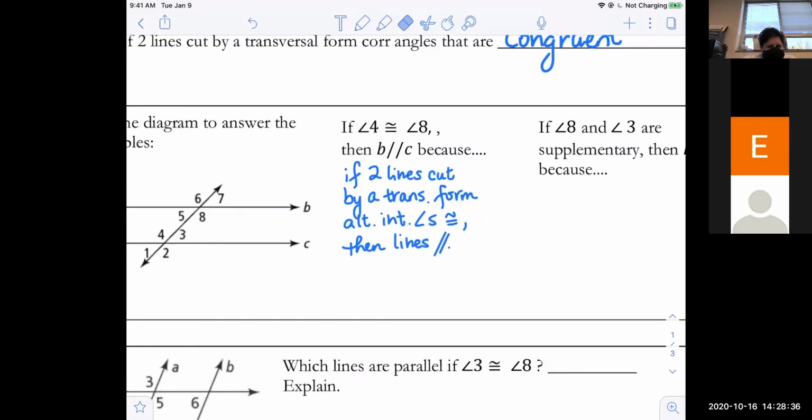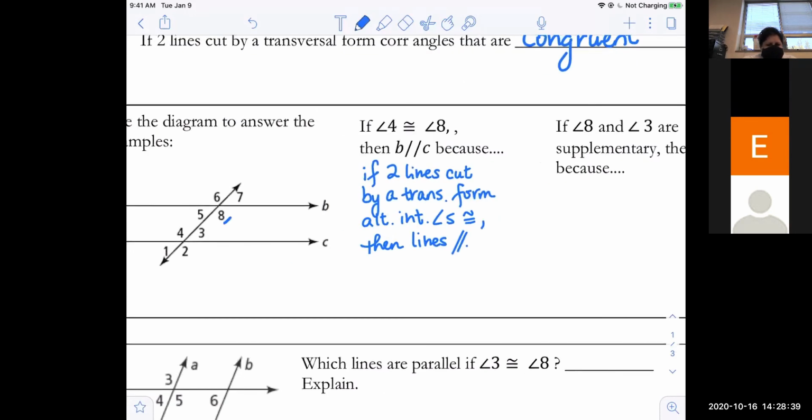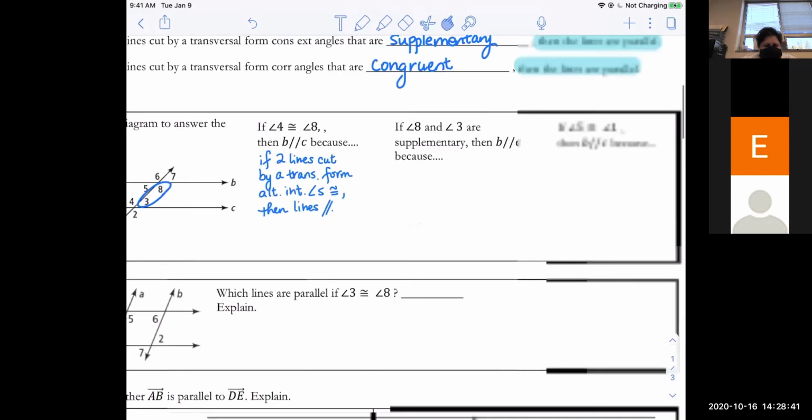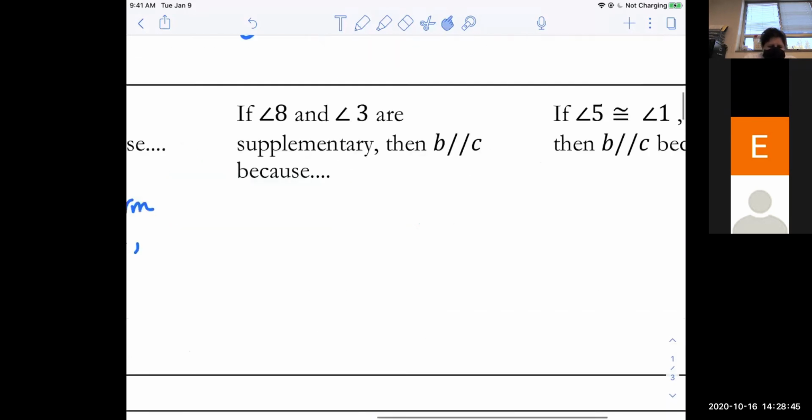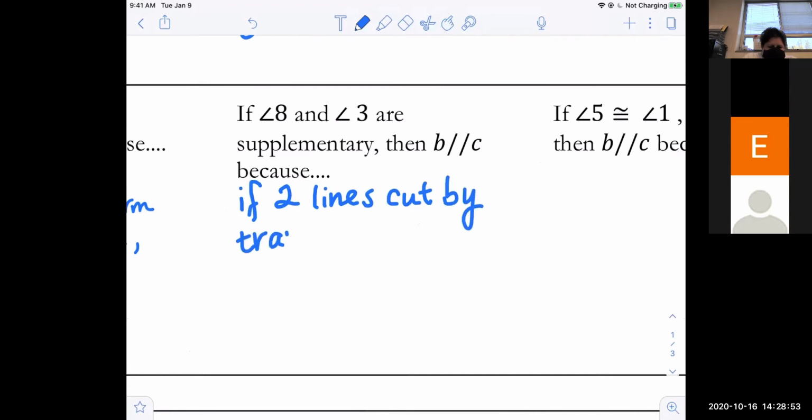If 8 and 3 are supplementary, Frankie, what will that say? If 8 and 3 are supplementary, then B is parallel to C because, if two lines cut by a transversal form consecutive interior angles that are supplementary, then the lines are parallel.